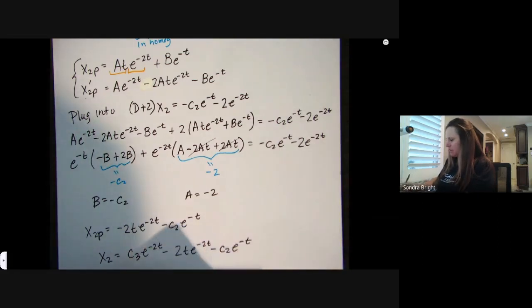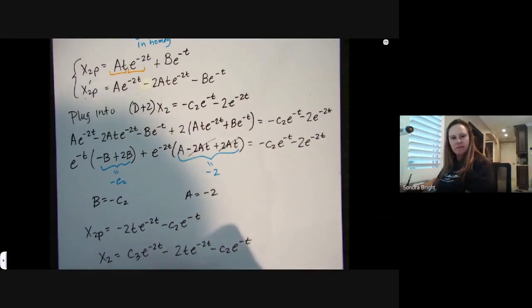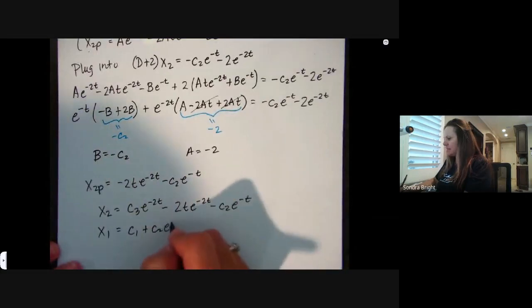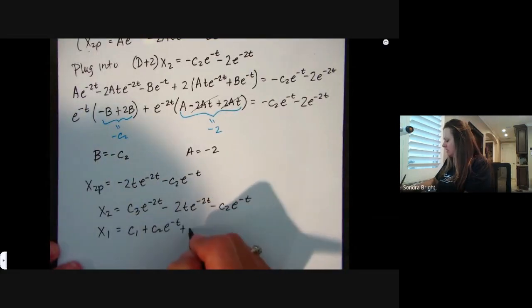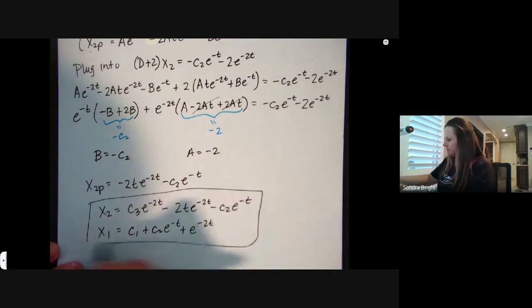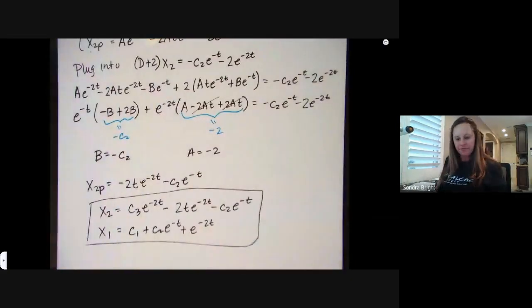And then I'll just rewrite x1 again. x1 was c1 plus c2 e to the negative t, and then plus e to the negative 2t. And there you go. There's your 2 solutions to that system.